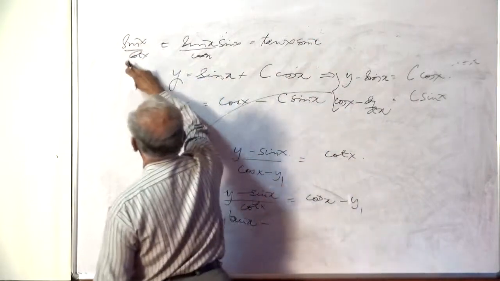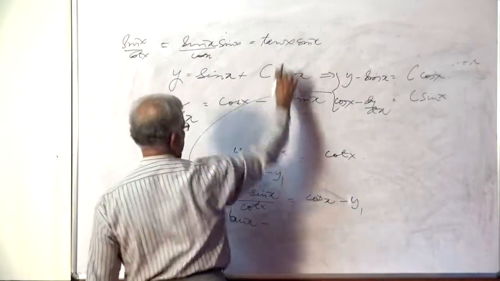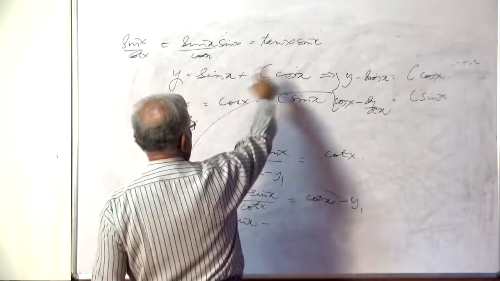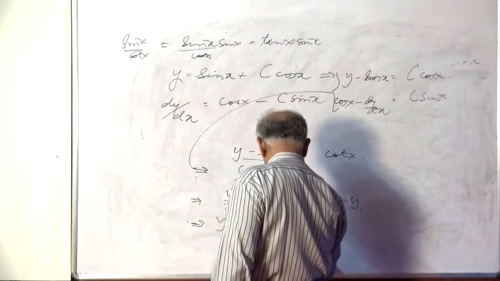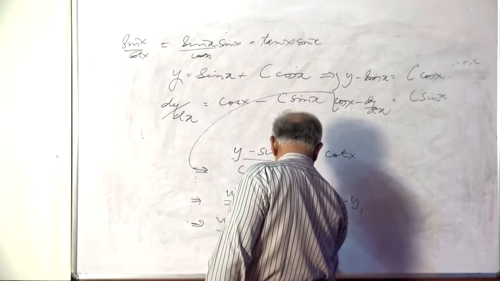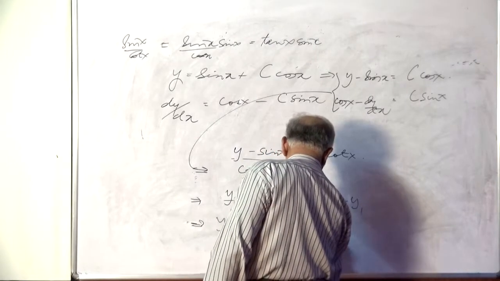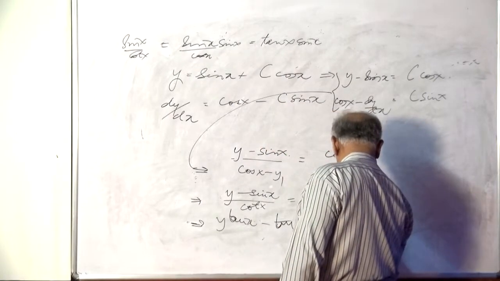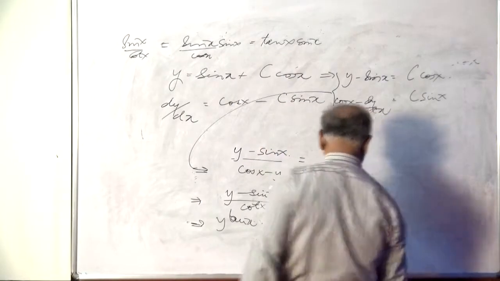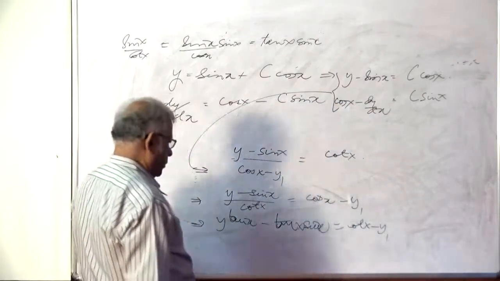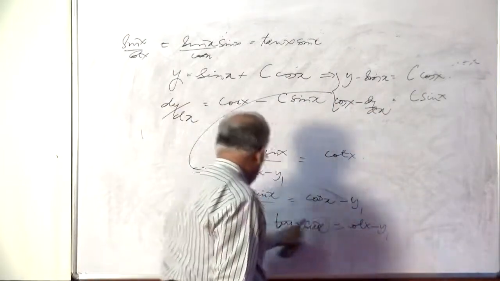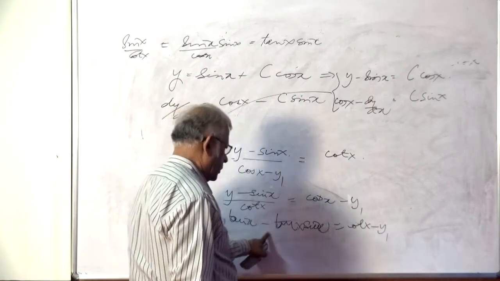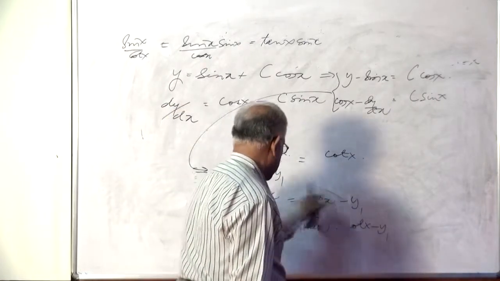We could have done this straight away. 1 by cot is tan x. So minus tan x sin x is equal to cos x minus y1. So y1 plus y tan x is equal to cos x plus tan x sin x.